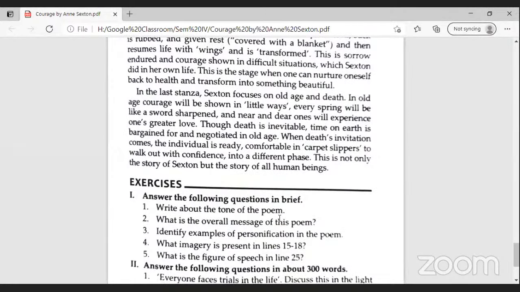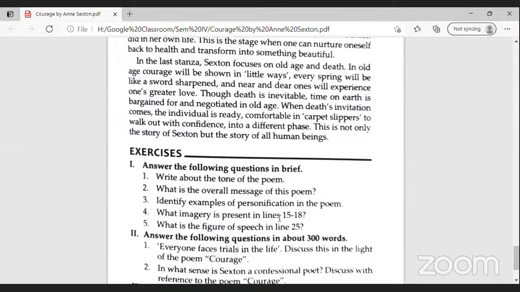In the last stanza, Sexton focuses on old age and death. In old age, courage will be shown in little ways. Every spring will be like a sword sharpened, and near and dear ones will experience one's greater love. Though death is inevitable, time on earth is bargained for and negotiated in old age.